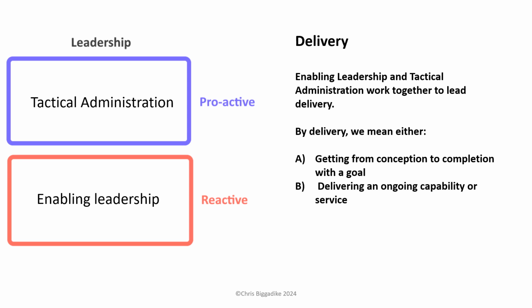Enabling leadership is reactive because it primarily assists the team in navigating the unexpected hurdles and barriers which emerge during delivery. But it must have a proactive element, as it must always reference the plan and the overall goal. By comparison, the other leadership modes are harder examples of proactive and reactive, although every mode must contain both to some small extent, a bit like the yin and the yang of leadership.